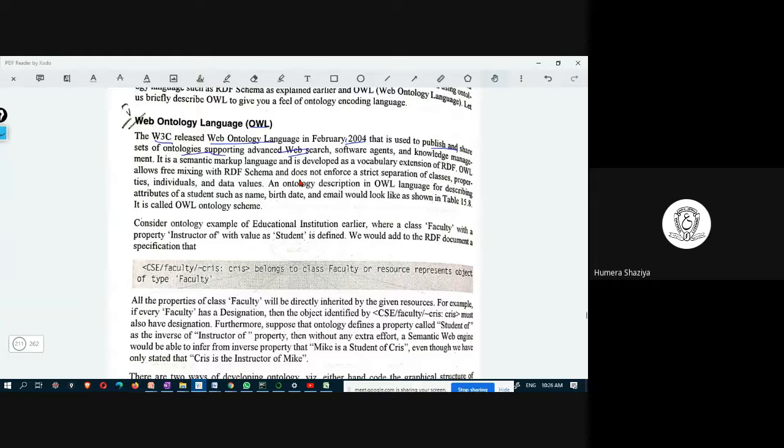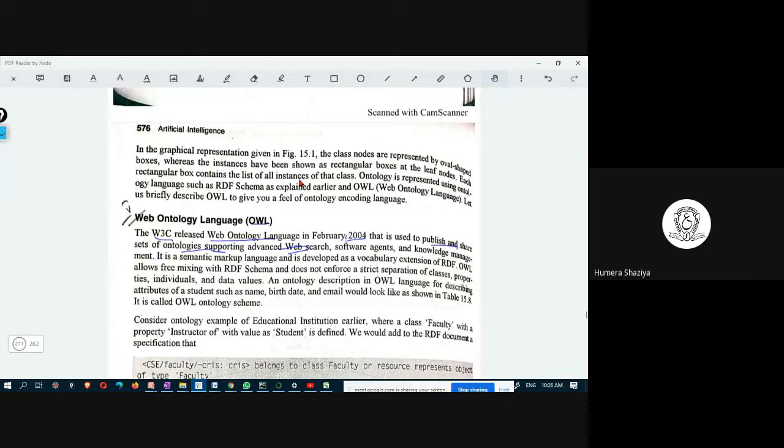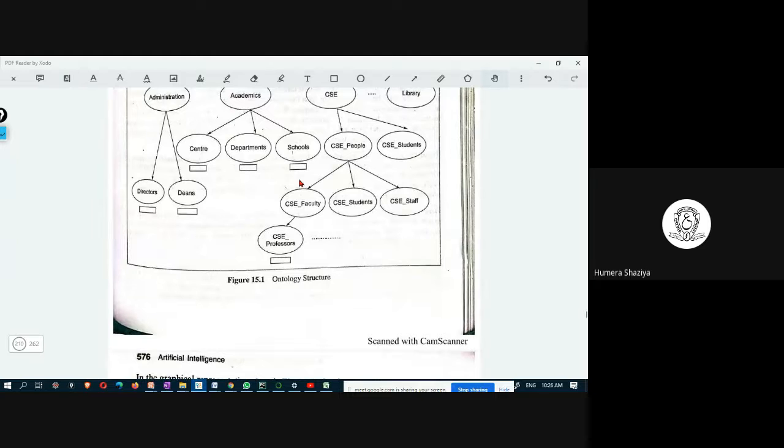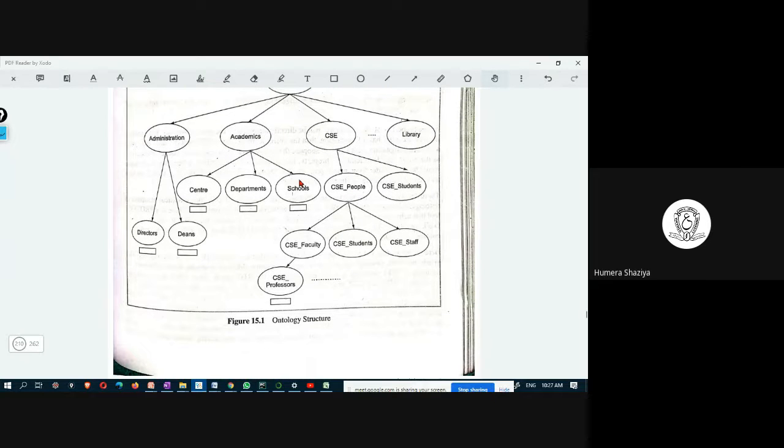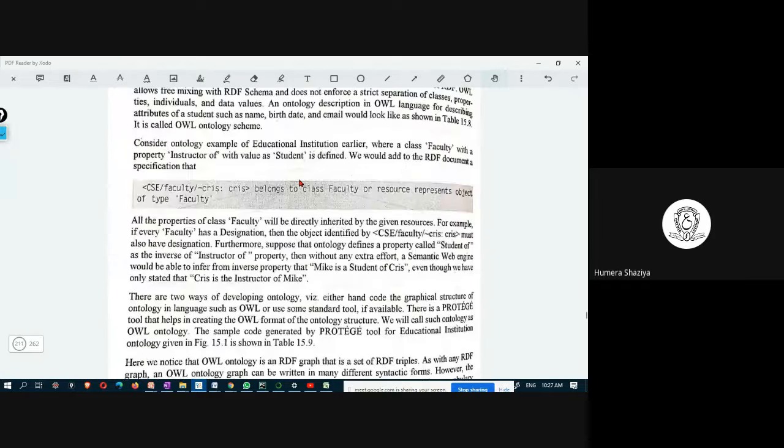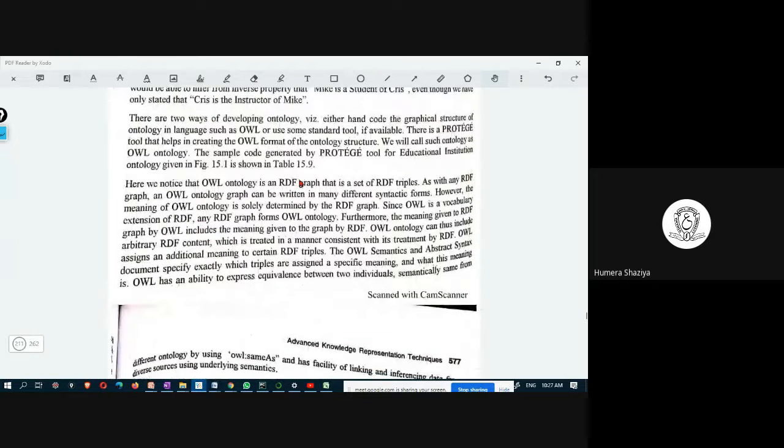When a search is done for a particular department, let us say CSE students have been searched in this ontology of IIT Delhi. When the search engine knows about the ontology, the search engine could easily traverse to this location and then return the details of those CSE students.